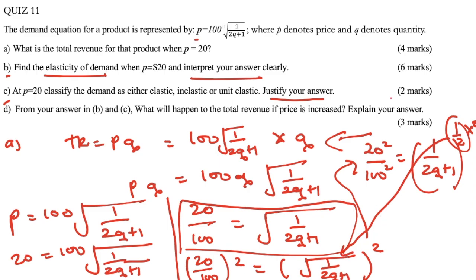Okay, now I move to the next page because I don't have enough space now. So what do we have here is that, okay, so you have 400, isn't it? Because 20 squared becomes 400. And then the denominator you have 10,000 because 100 squared becomes 10,000.